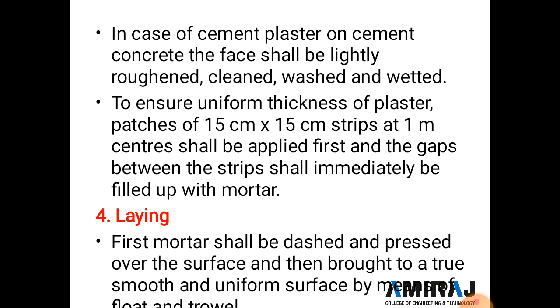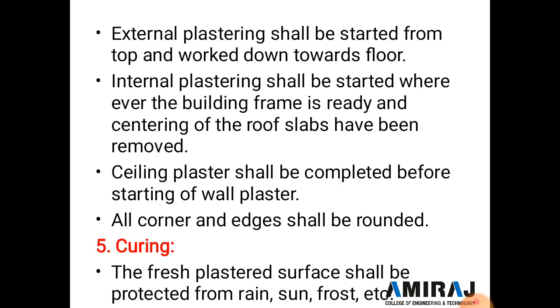The fourth point of the specification is laying. First the mortar shall be dashed and pressed over the surface, and then brought to a true, smooth and uniform surface by means of float and trowel. External plaster shall be started from the top and worked down toward the floor.